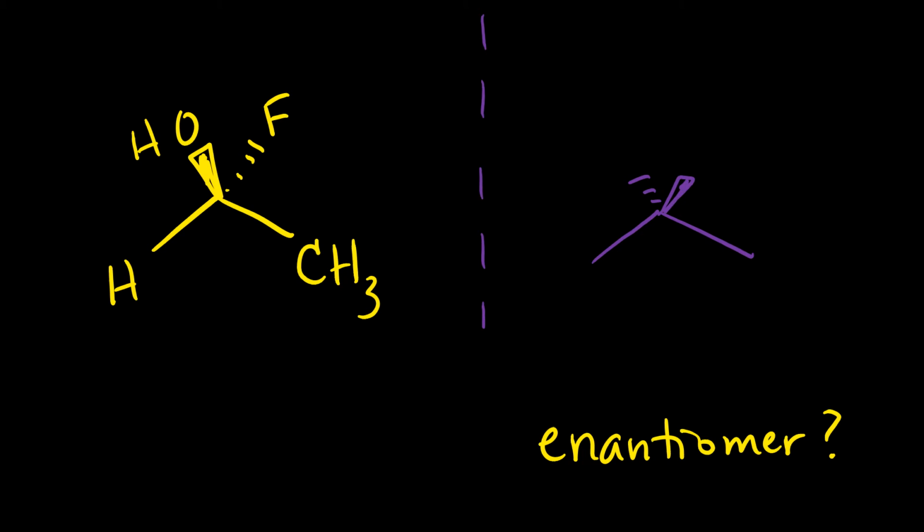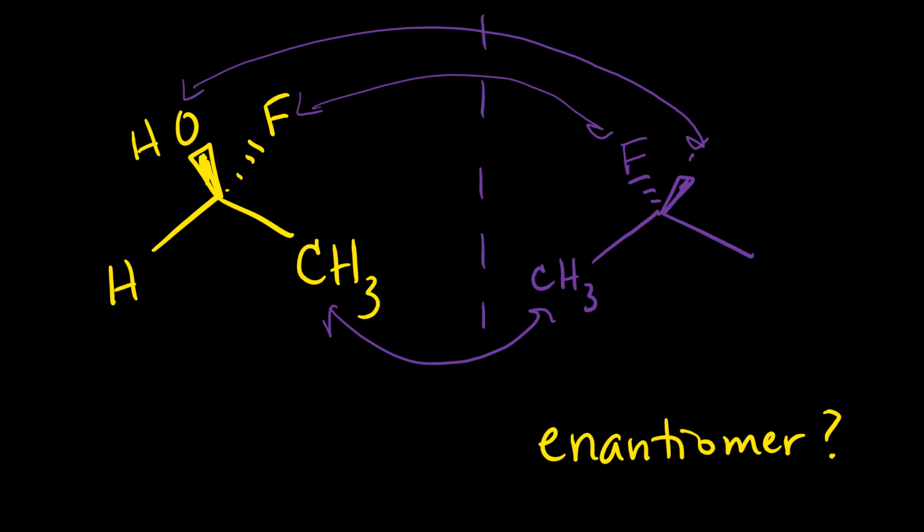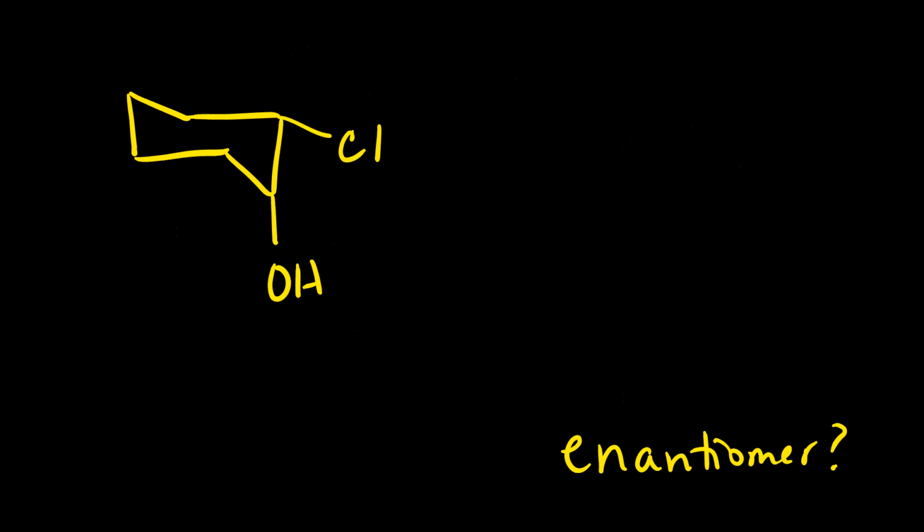And so if I were drawing the reflection, I would see I have CH3 groups reflecting here. I have a fluorine at this position. I have an oxygen, an OH group at this position, and then finally going out away, I have the hydrogen. So this is the enantiomer of the structure in yellow.